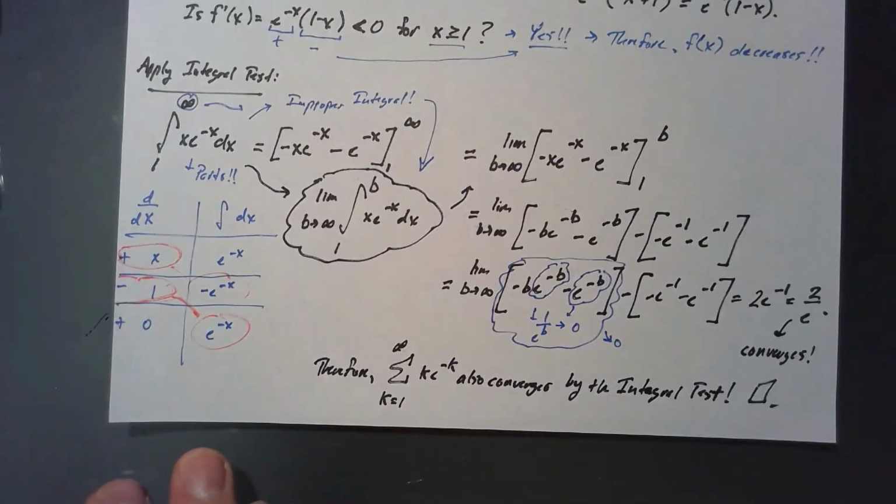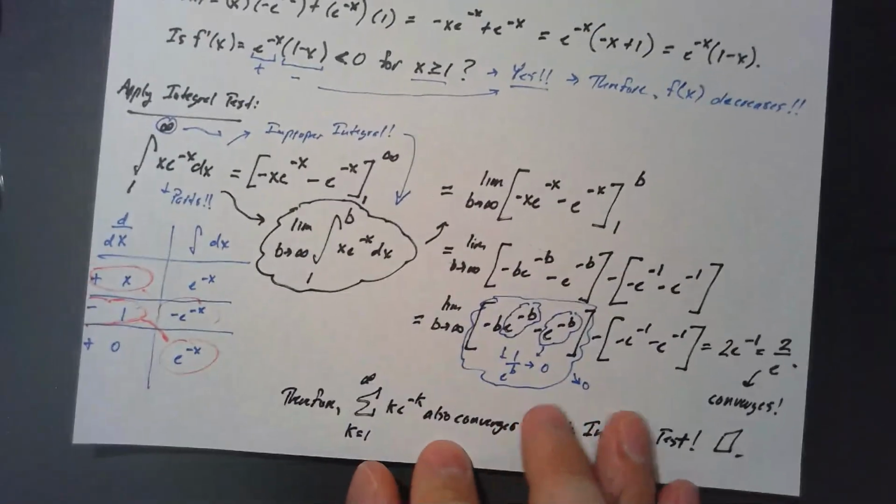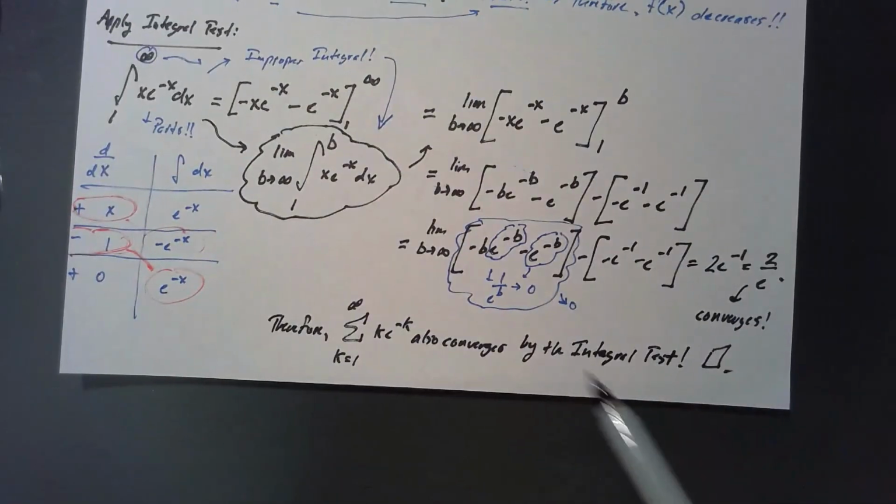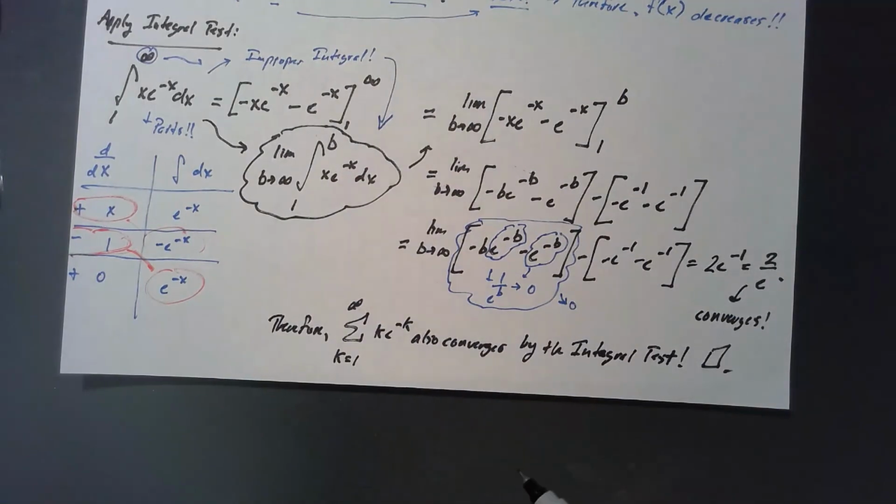Now, I want to make an important note here. This is very important. This value right here is not the value that this series converges to. The series does not converge to this value, 2 over e. All we know is that the series converges. We don't know what it converges to.